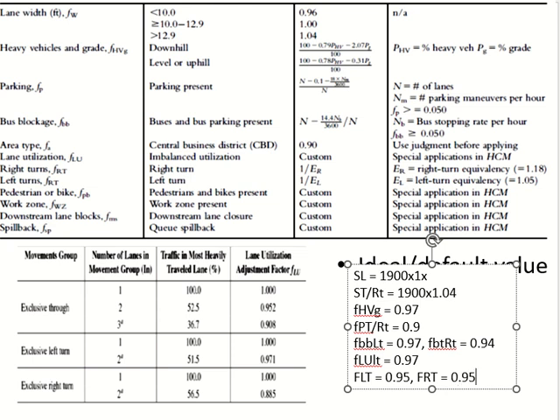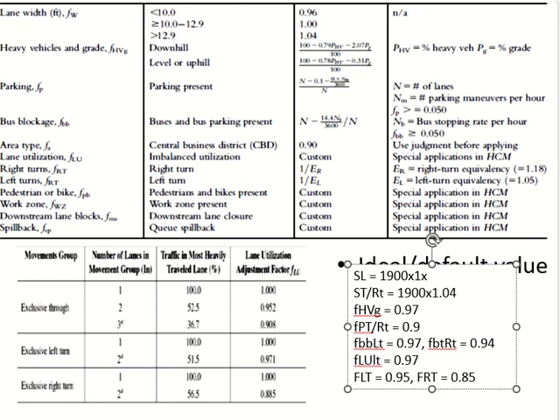If there was an extra lane with through movement only, then none of these factors would apply there. If there's a lane which has only through movement, then no left turning, no right turning, so for that lane group we will not apply any of these factors.